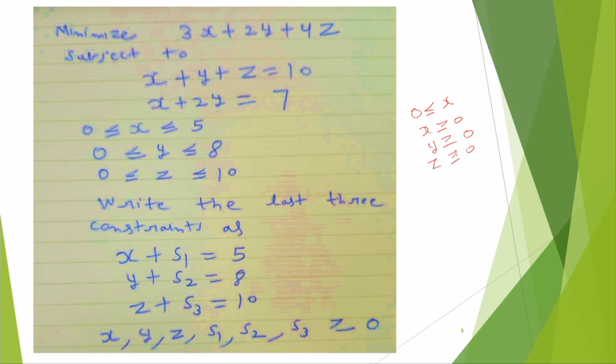So naturally they are greater than 0, but x is also smaller than or equal to 5. So we can write x plus s1 is equal to 5, where s1 is called the slack variable, and I can write y is smaller than 8. Therefore y plus s2 is equal to 8, and z is smaller or equal to 10. So therefore z plus s3 is equal to 10, and we can say that x, y, z, s1, s2, s3 all are greater than 0.